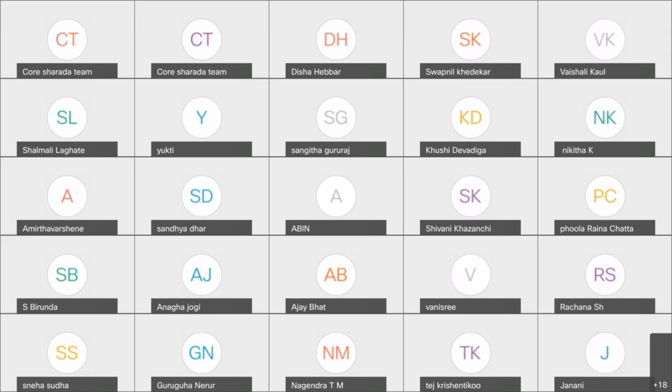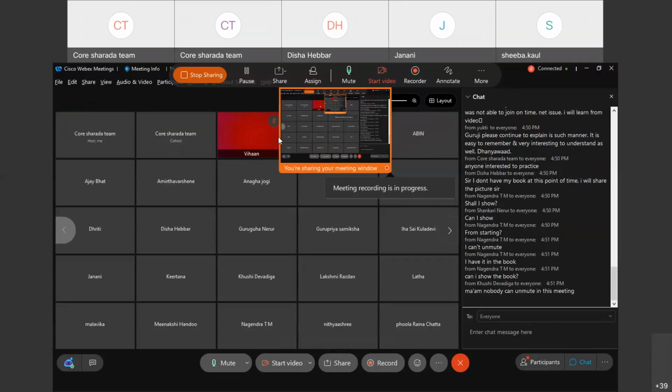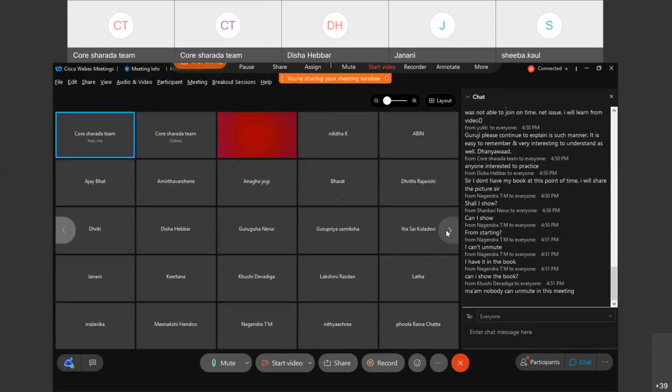Nagendra, you can share your screen. You can unmute yourself first, and then you can share your screen. Okay, I'll try to unmute you once again. Are we able to see that? No.